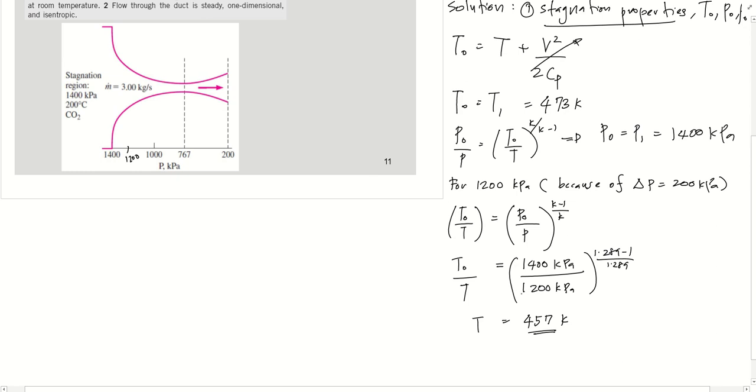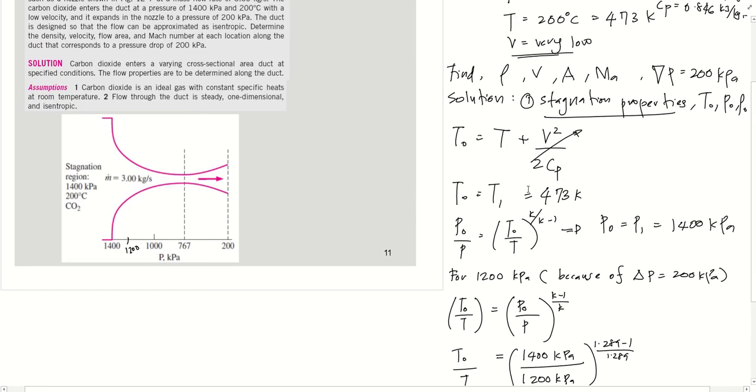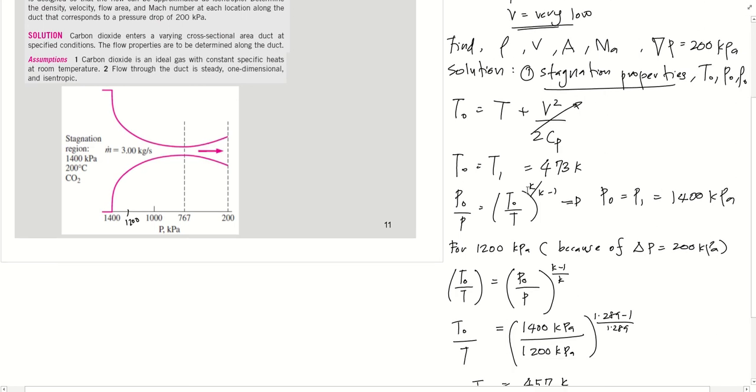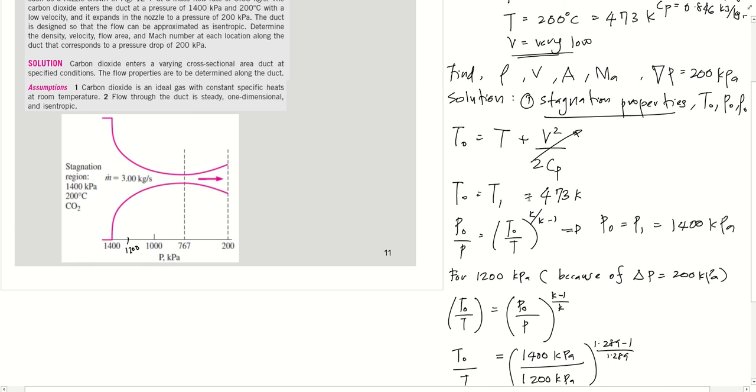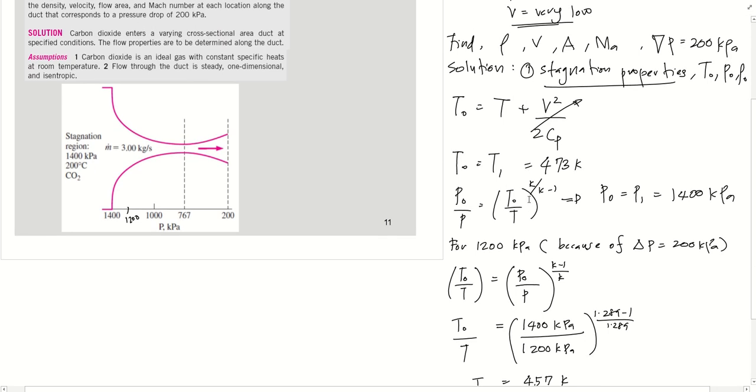Now we got the temperature. We can find velocity, because from velocity we can find the density, and then from density we can find the area, and then the Mach number.